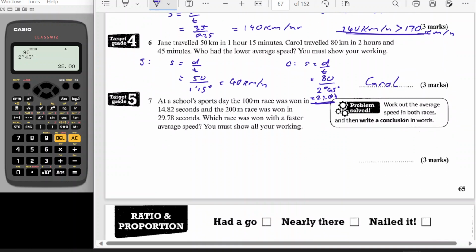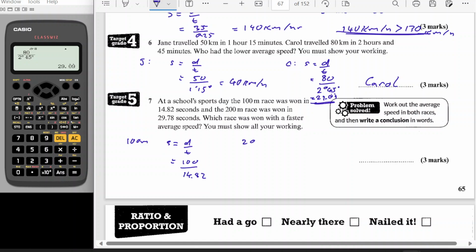Okay, question 7. At a school sports day, the 100 metre race was won in 14.82 seconds, and the 200 metres race was run in 29.78 seconds. Which race was won with a faster average speed? You must show all your working. Okay, so if we start with 100 metres, the speed is equal to distance divided by time, and we're going to work in meters per second, so it's just going to be 100 divided by 14.82.